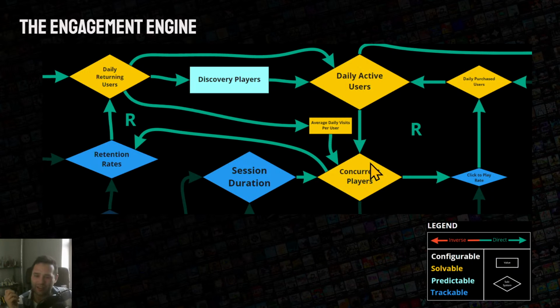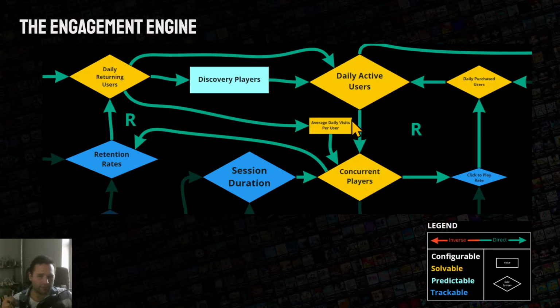Because of that, concurrent players gets boosted by all this, which then boosts daily returning users. And on top of that, concurrent players is also boosted by purchasing users. And so you can fathom how all of these things together create a very elegant system for people moving through your game and making your game rise up through the games page.